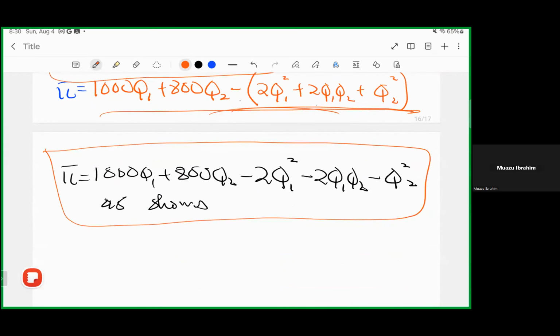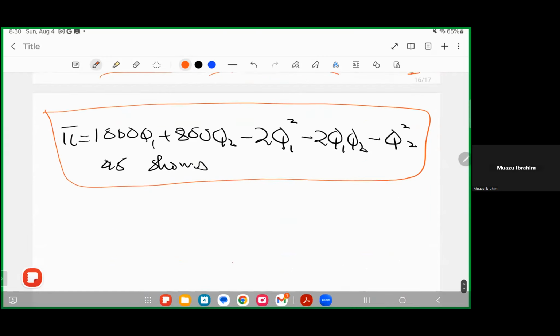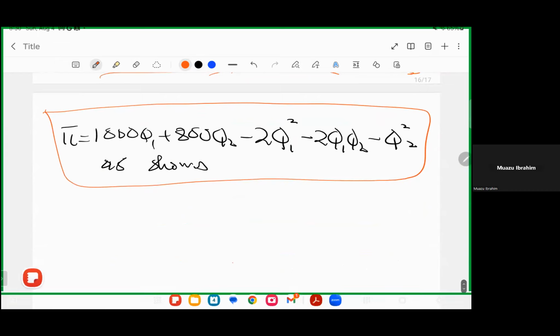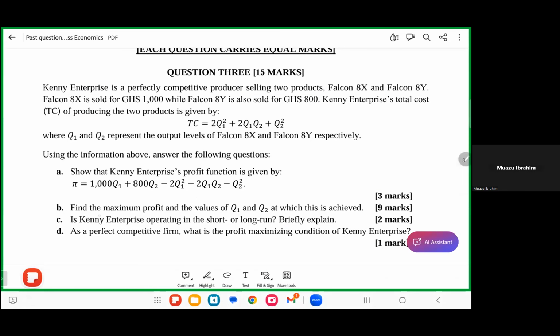And then let's look at the last one, the B part. What is the B part saying? It says to find the maximum profit and the values of Q1 and Q2 at which this is achieved.